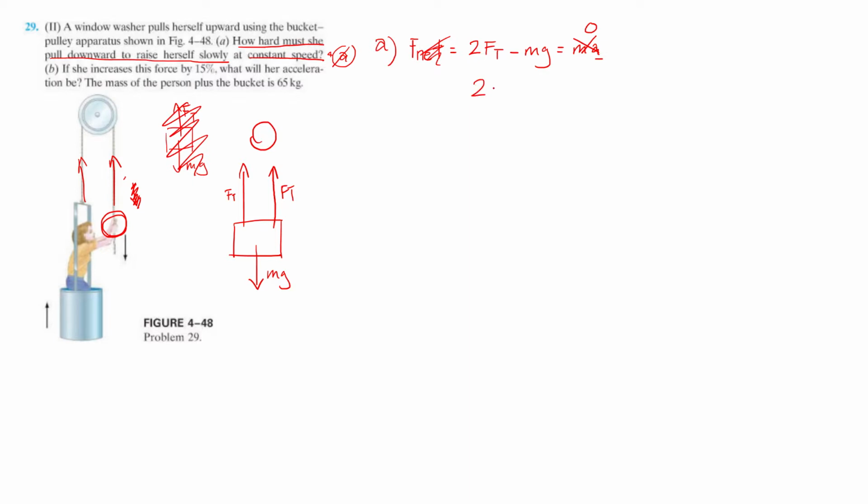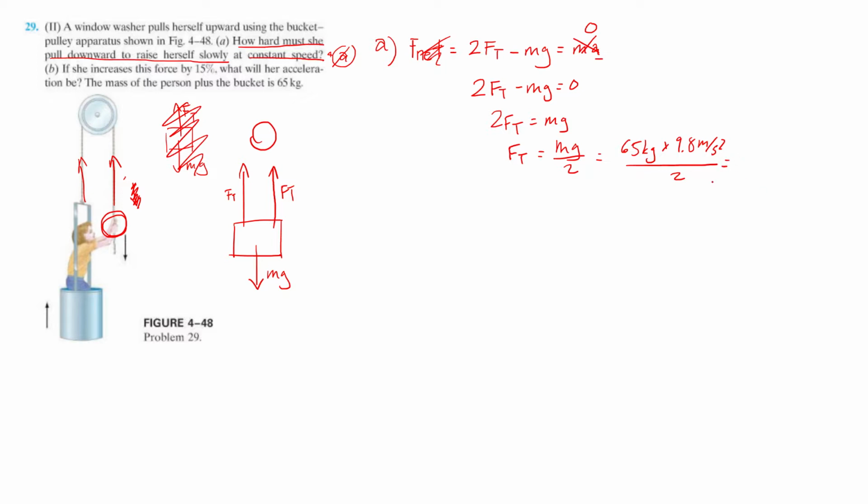That means 2FT minus mg is equal to 0. So 2FT is equal to mg. FT, the tension, meaning how hard she needs to pull, is equal to mg divided by 2, which is equal to, let's see, how heavy is she? 65 kilograms times 9.8 meters per second squared divided by 2.